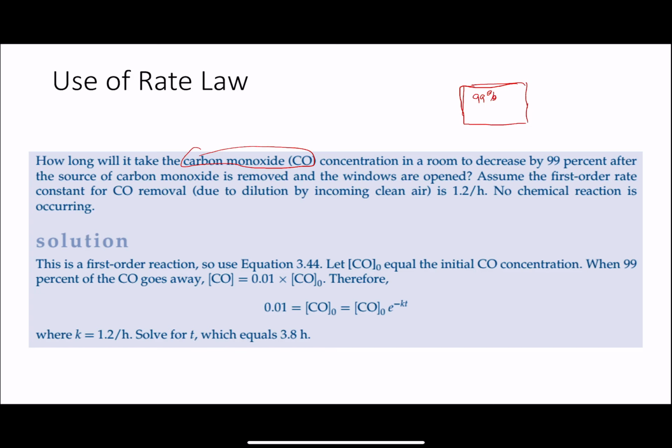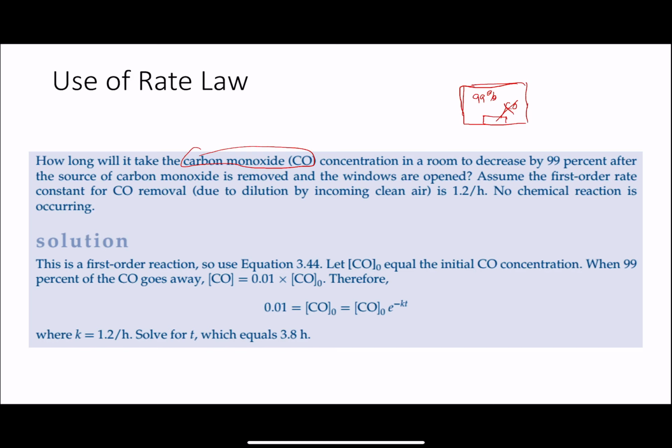So, for example, there was a heater emitting carbon monoxide, and then you find out there is a high amount of carbon monoxide. Now you stop this, and you want to allow the carbon monoxide to be reduced by 99%.